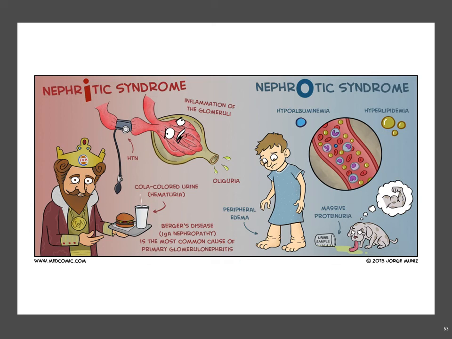There's actually a form of this known as Berger's disease or IgA nephropathy, and it's the most common cause of primary glomerulonephritis.